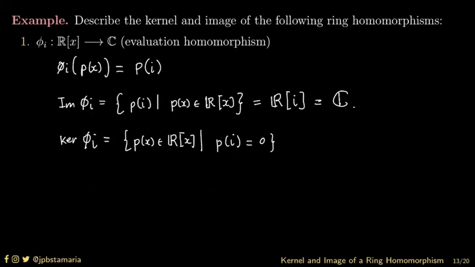Mapapansin nyo, kung meron mang polynomial na magsi-zero kay i when you evaluate, it will always have x squared plus 1 as a factor. Kasi it's the only way you can zero out i.